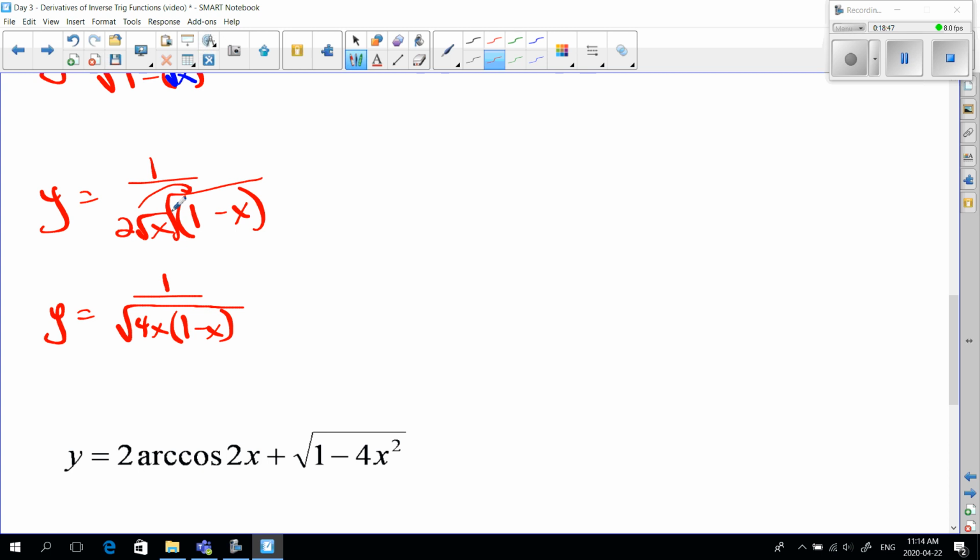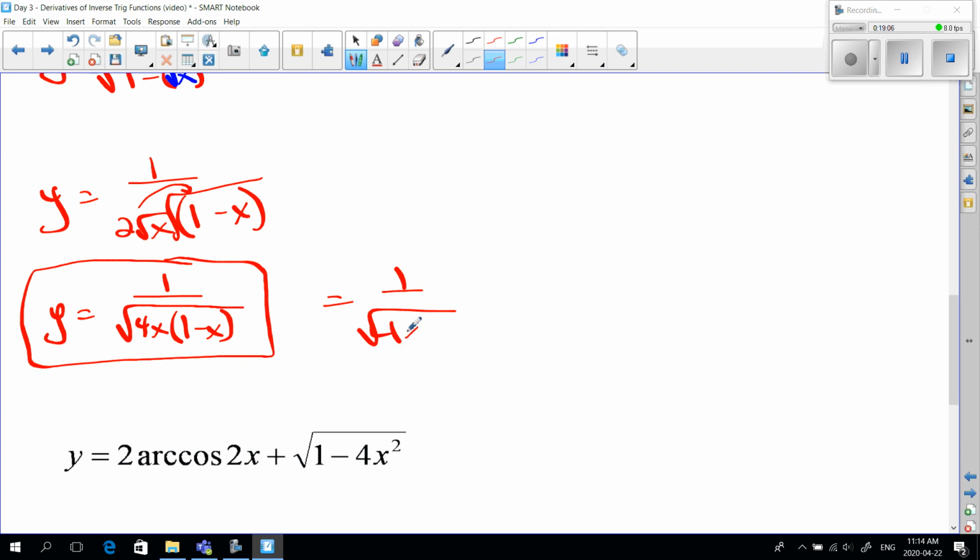There must have been two root x's in there, so 2 root x times 2 root x would give me 4x. In order to get it back under the square root, I have to square it. And that is your final answer. Or you could call it 1 over the square root of 4x minus 4x squared if I multiply that out.